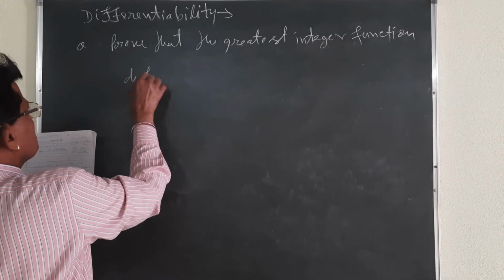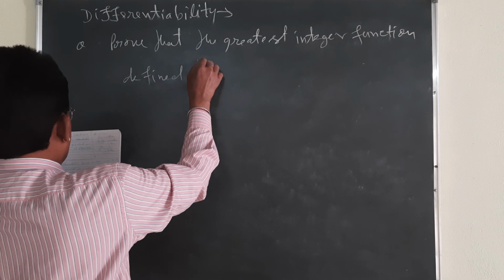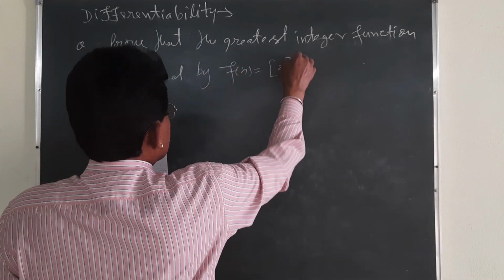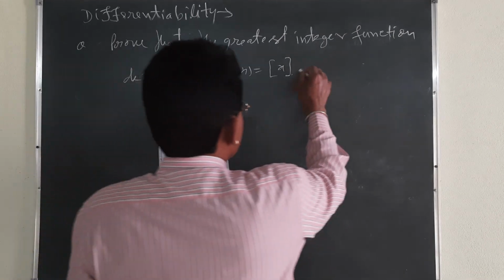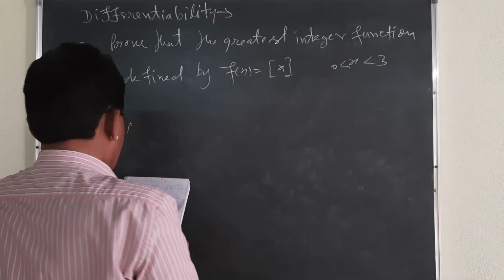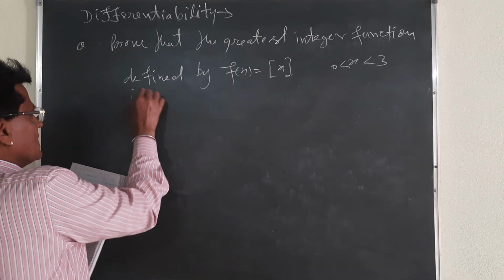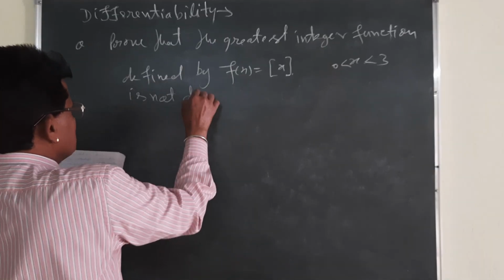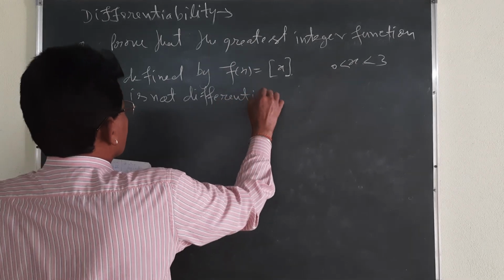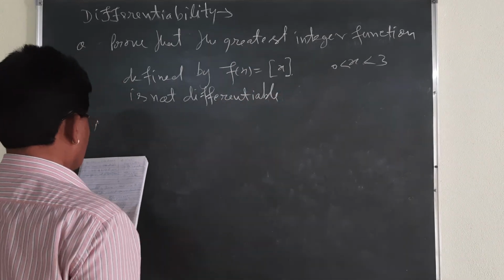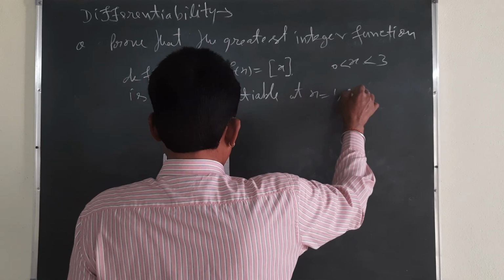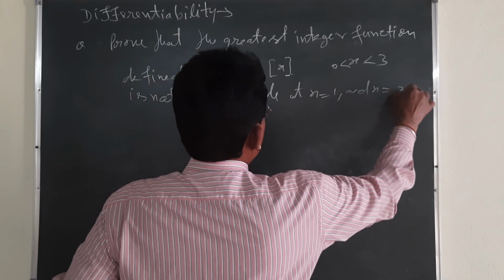Define y, f(x) is equal to the greatest integer function, but think that this function should be in between 0 and 3, is not differentiable at x equal to 1 and x equal to 2.